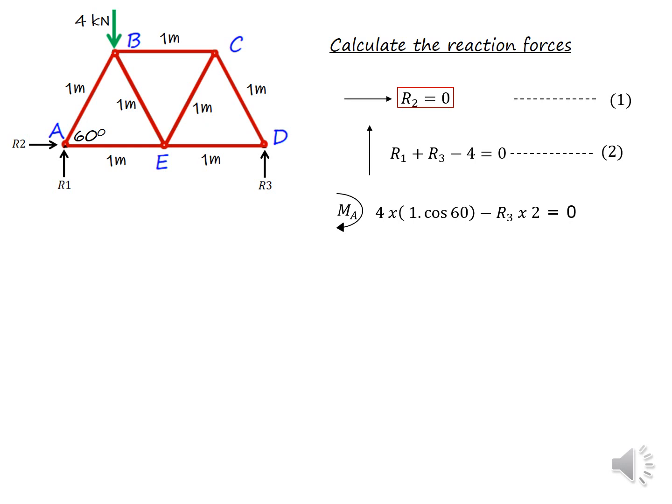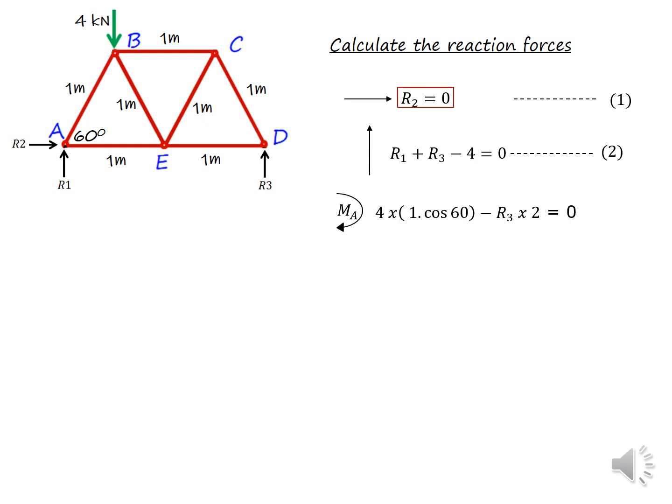And the reaction force R3 creates another moment, which is anti-clockwise. The force is R3, and the distance to that force from A is 2 meters, so the total moment is R3 into 2.